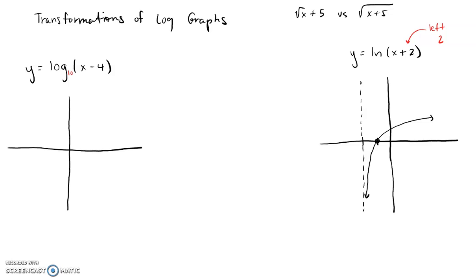And the minus 4 is on the inside of the function. So that's going to tell us to shift right. Shift right by 4. Okay, so we're going to go 1, 2, 3, 4. Now that's not where our graph is. That's where our asymptote is. So we shift the asymptote first. And then the graph is going to cross 1 to the right of that.